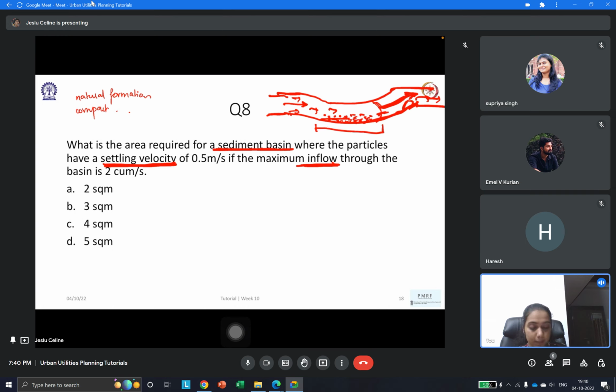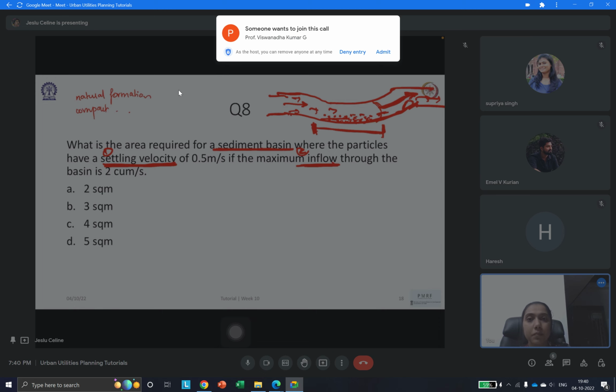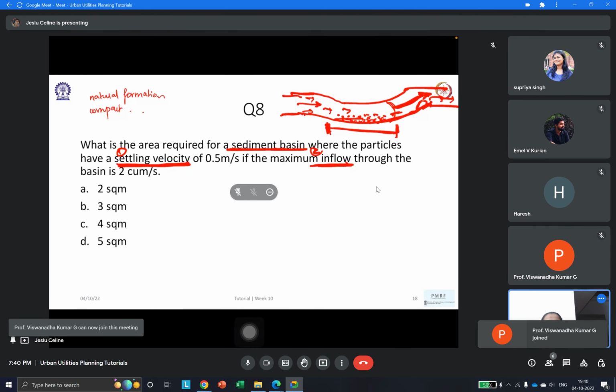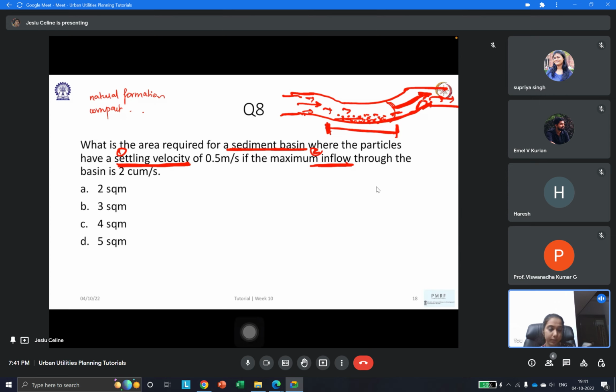Considering these two factors, the settling velocity and the maximum inflow, we have to design our sediment basin so that particles settle down over there and only the water moves forward. So this is the question which asks that.